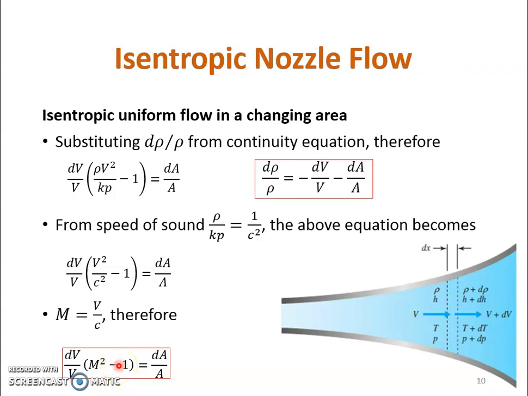So we are going to see from this equation how we are going to design, whether we want to apply a converging or a diverging section for our flow system.